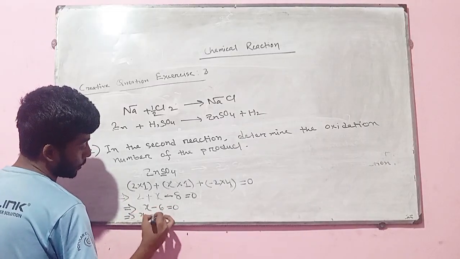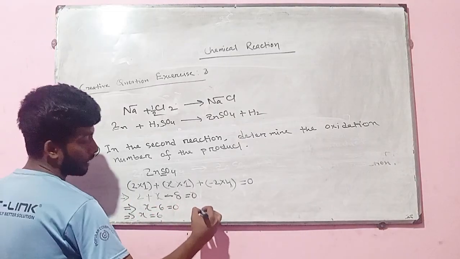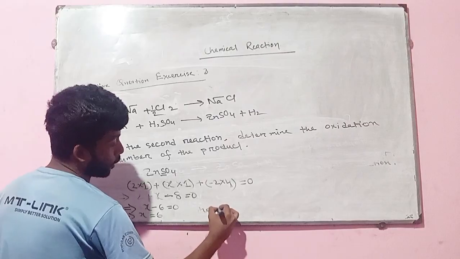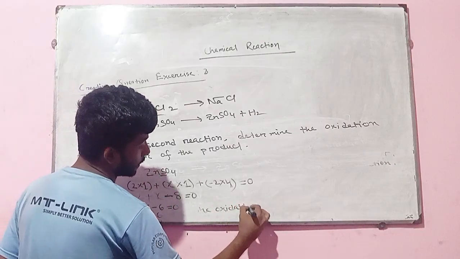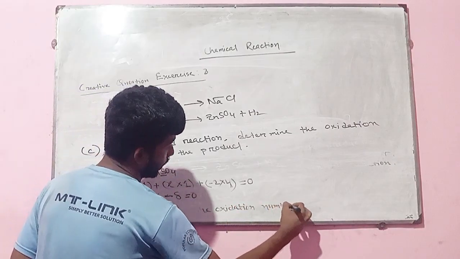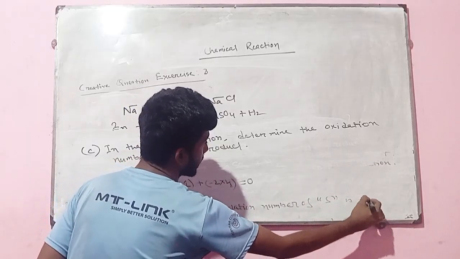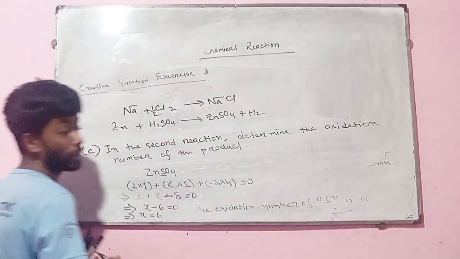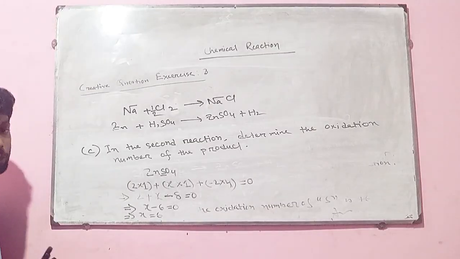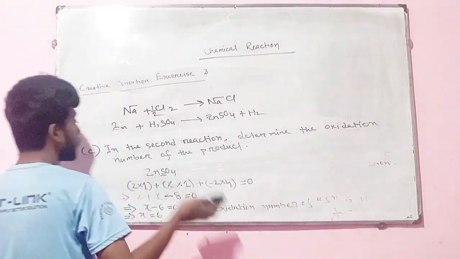Then x equals 6. Then the oxidation number of sulfur is +6. This is the answer of this question. I think that you have understood it. Now we are going to the next question.